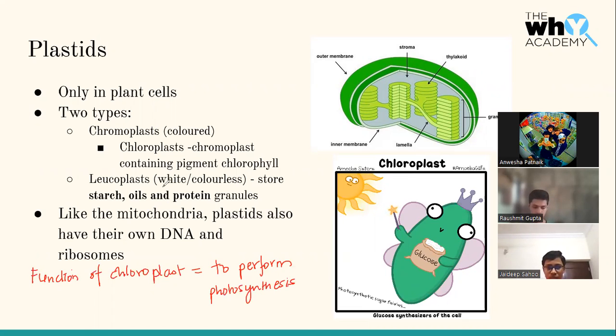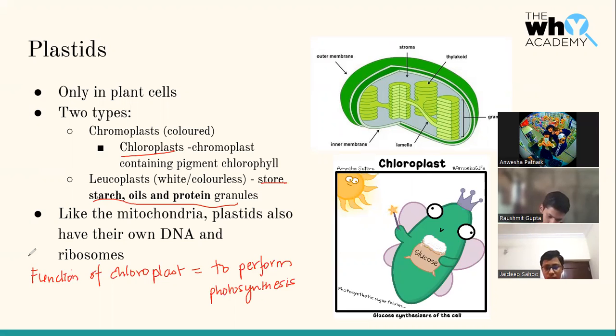Right. For the other ones, the broad function is given here. The chloroplasts are ones which contain colors or pigments, right? That's all is their function. And leucoplast function is to store these things. So if they ask you functions in particular, you can write all this.